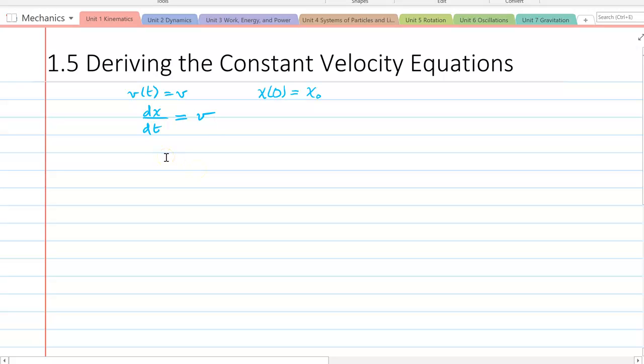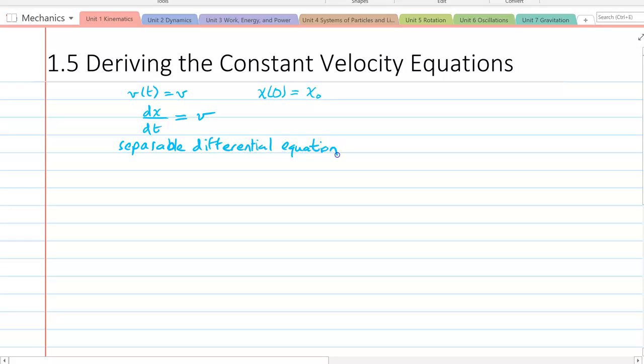One of the things that we can do in calculus is solve differential equations. And usually differential equations involve a type of derivative. Here's the derivative. This specific type that we're trying to solve is called a separable differential equation.